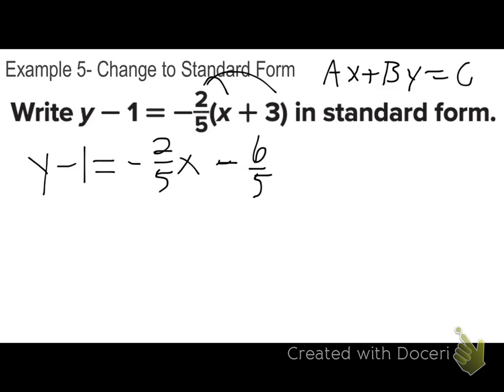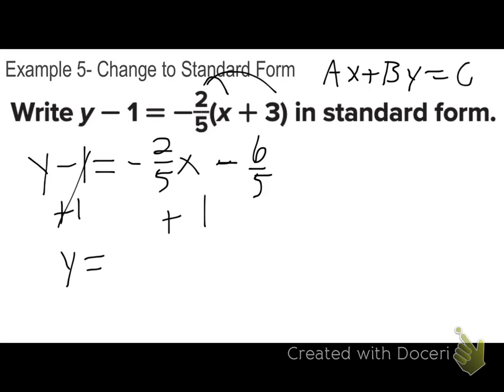Yeah, we could add 1 to both sides, because for standard form, we want our constants to the right side of the equal sign, right? Can't do any more simplifying over here, can I? So I can start moving stuff around in the equation. We're going to add 1. What does 1 add to? The negative 2/5 x or the negative 6/5 or both?